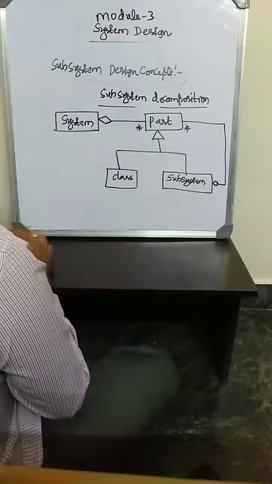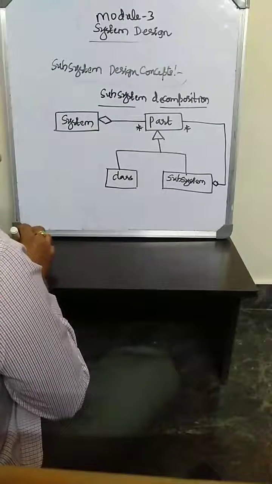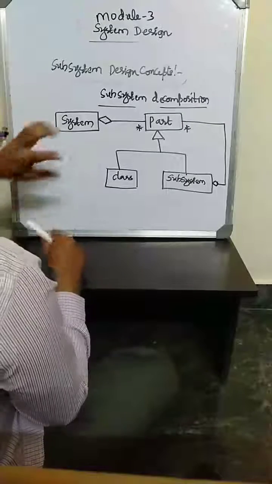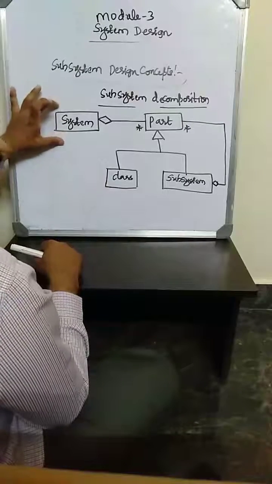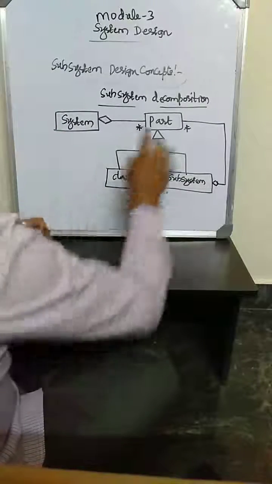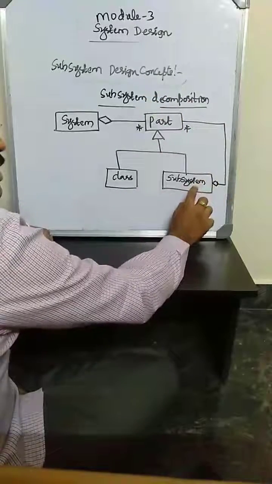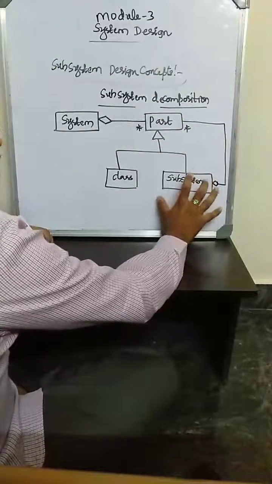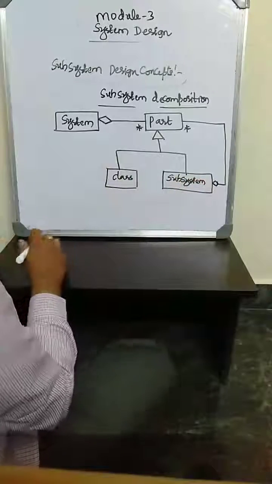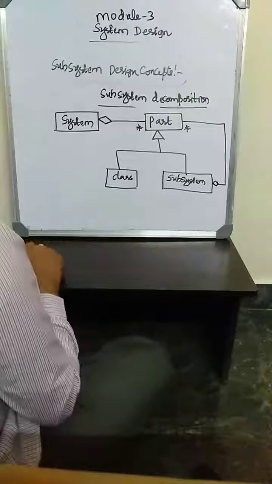The part is associated with class and subsystem, and that in turn aggregates to a system. In turn, a part, any replaceable part, is associated with the subsystem. That is how we are able to understand one particular UML diagram.